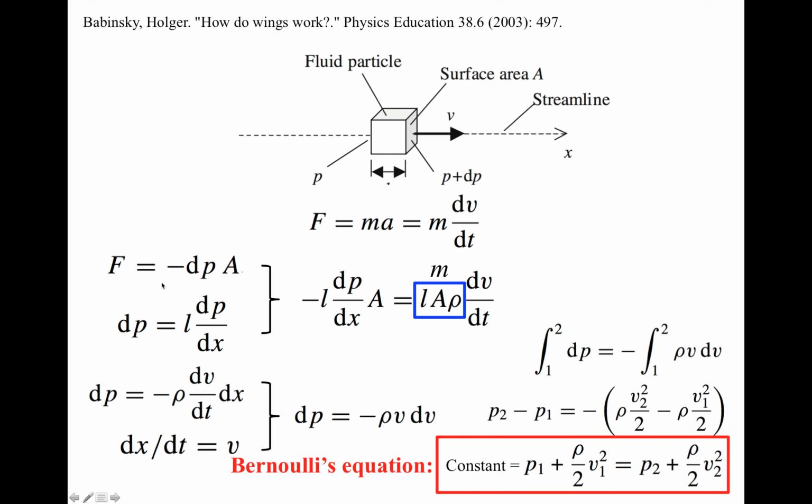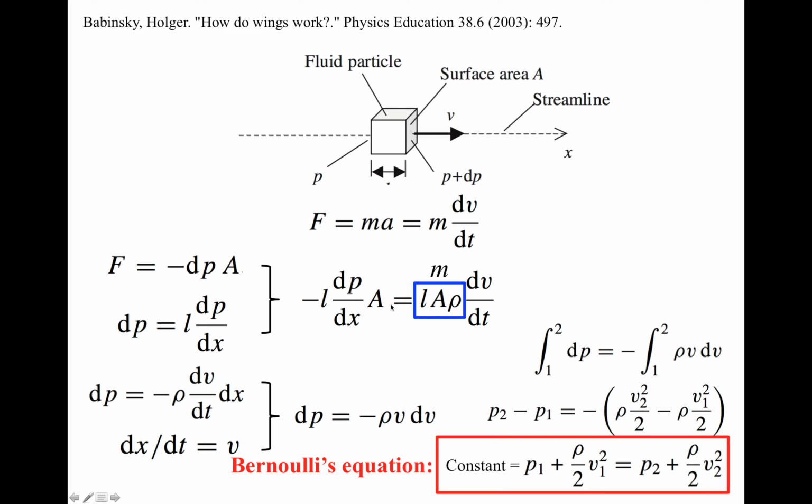The net force equals minus, replacing dP with L dP over dx, then multiplied by A. So if we bring the expression of F back into Newton's second law, the left-hand side of F equals ma becomes F equals minus L dP over dx times A.